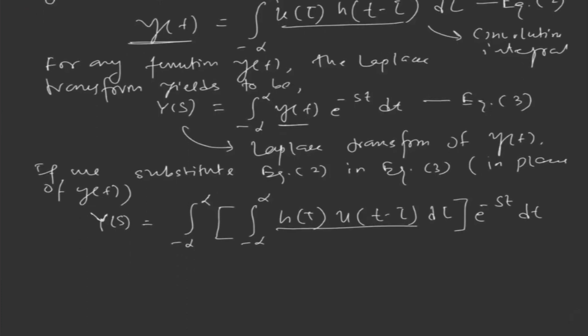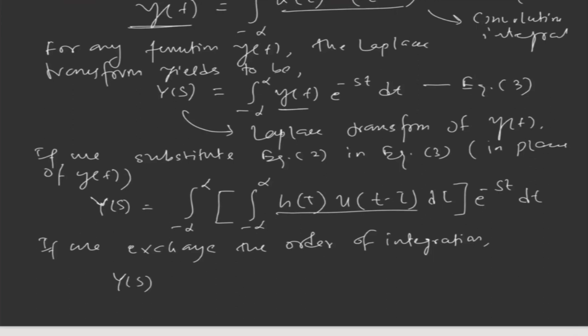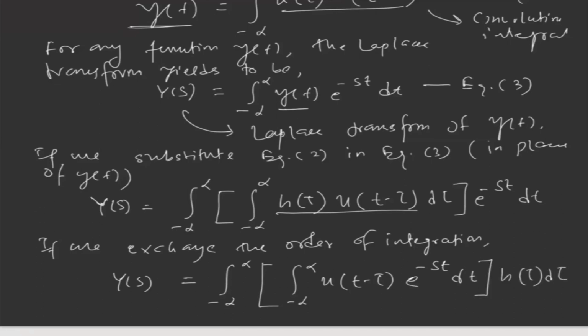Now, if we exchange the order of integration, we can write Y of s equal to integral from minus infinity to infinity of the integral of h of t minus tau e to the minus st dt, times u of tau d tau.